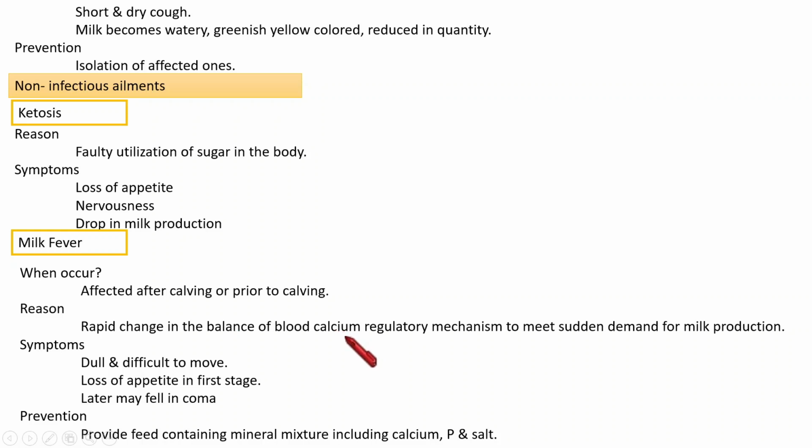Why does the blood calcium level change? That balance is disrupted because at that time the cow needs high levels of calcium to meet the milk production. So the calcium balance of the blood becomes disturbed, and that results in milk fever.